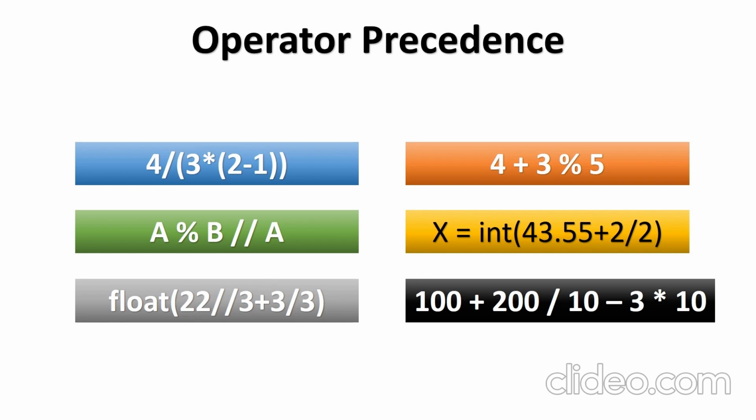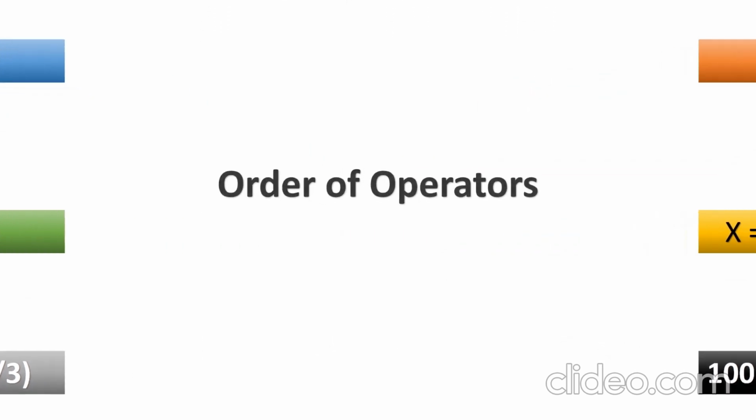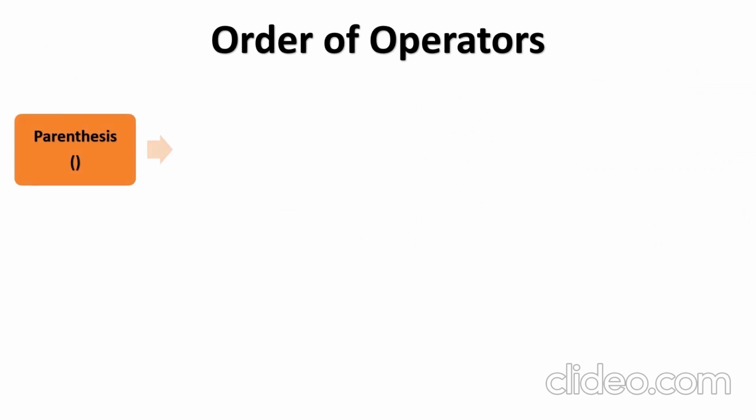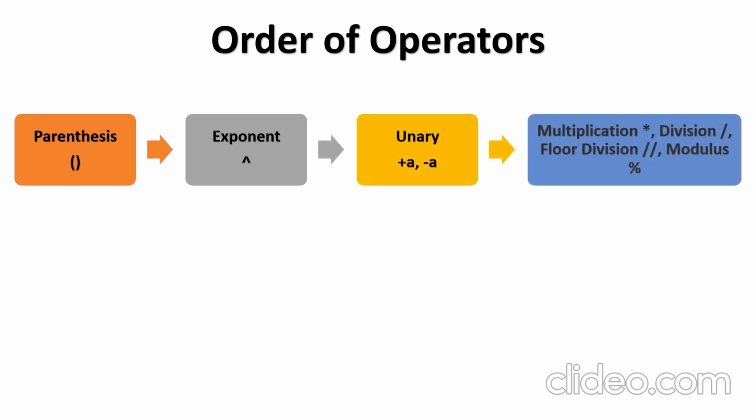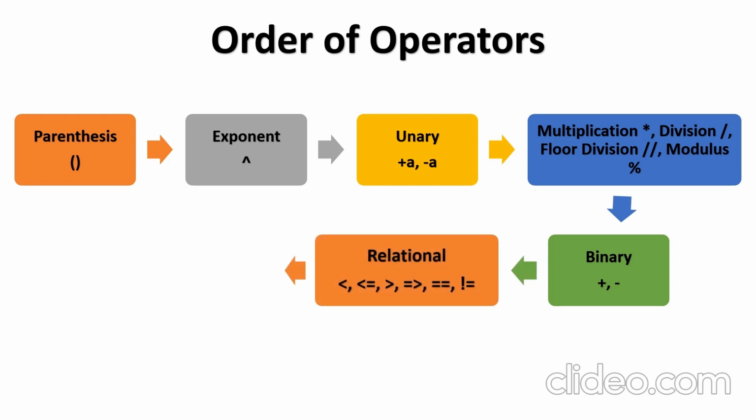There exists a precedence level which is followed while executing such expressions, known as operator precedence. In Python, the operator precedence is parenthesis, exponent, unary, multiplication, division, floor division, modulus, binary, relational, Boolean logical operators.